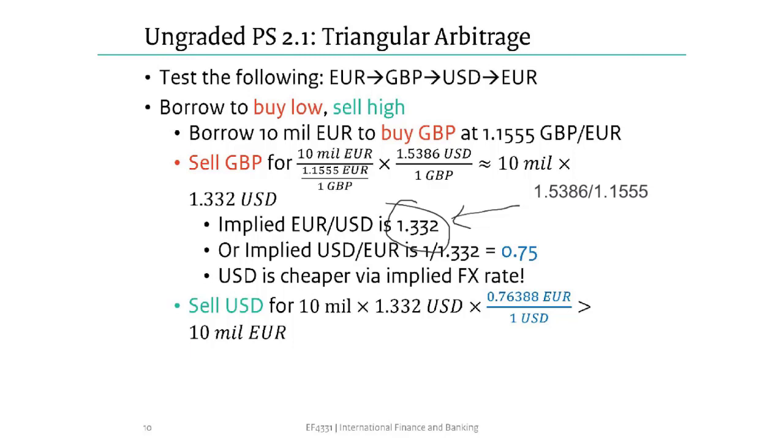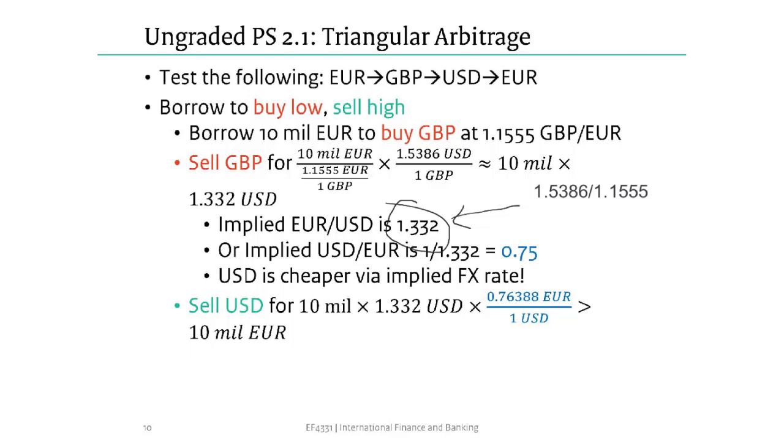So if we want to know the quantity of units we have after buying something, we should be dividing. In this case, if we have 10 million euros, we divide by the price of 1.1555 euros. We should get pounds. This fraction represents the amount of pounds we get after converting euros to British pounds.